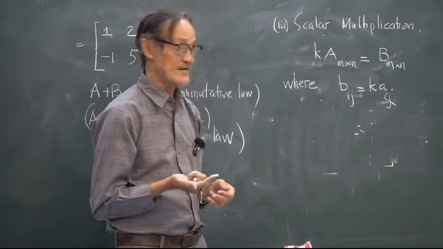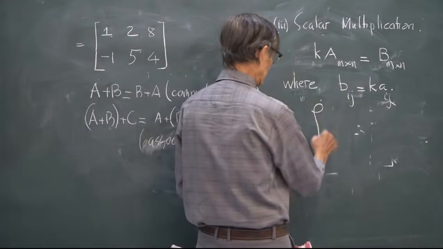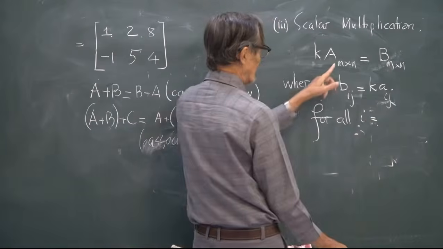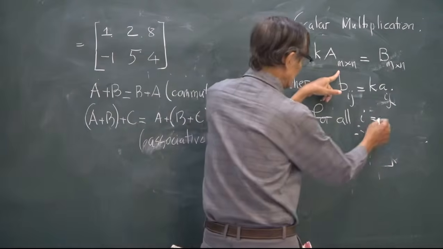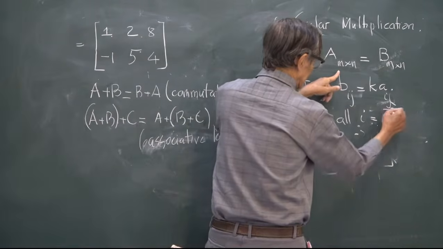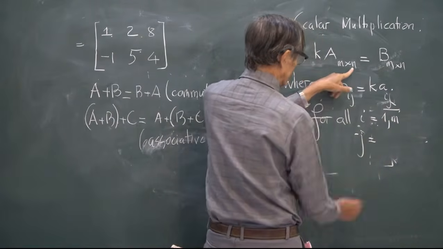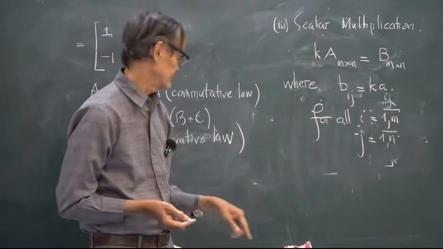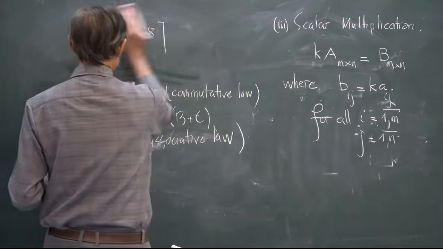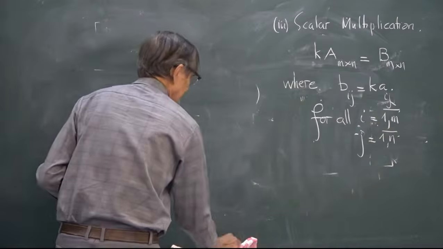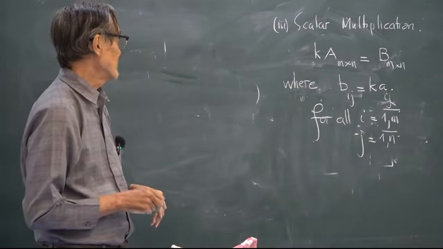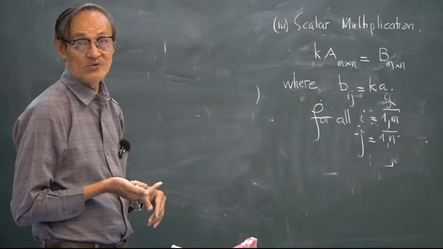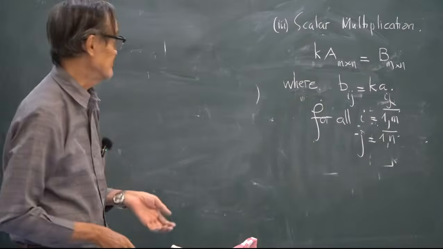B_ij equals k A_ij for i from 1 to m, here we have m rows, and for j from 1 to n, here we have n columns. So if we multiply a number and a matrix, we have a matrix of the same dimension.